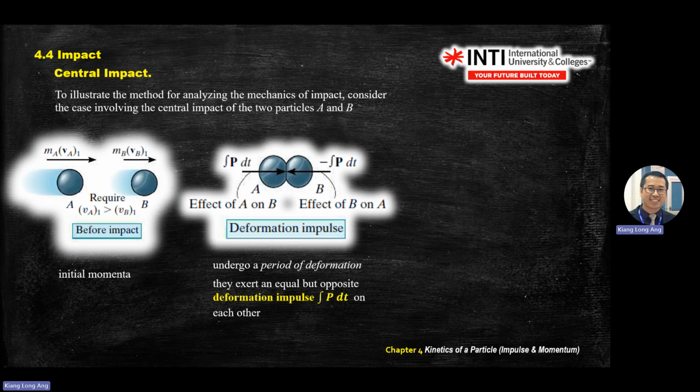Here you need to identify which is A's impulse and which is B's impulse. For example, is A's impulse negative or positive? Why positive impulse? If you are A, what do you feel?